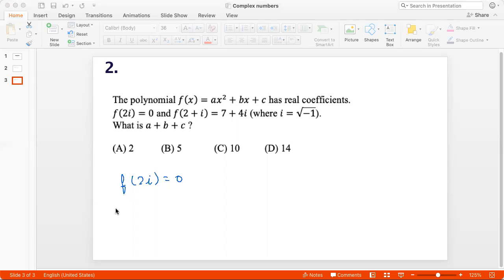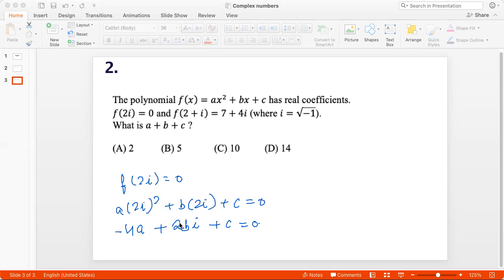So what will f of 2i be? It would be a times (2i) the whole squared plus b times 2i plus c, and that is 0. (2i) the whole squared would be minus 4. So this is minus 4a plus 2bi plus c is 0.